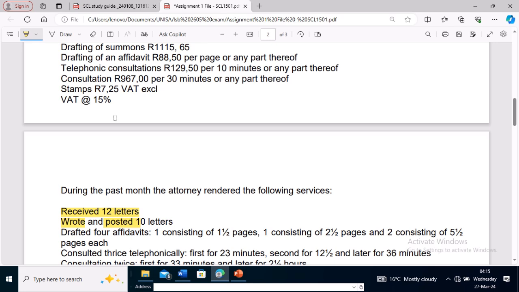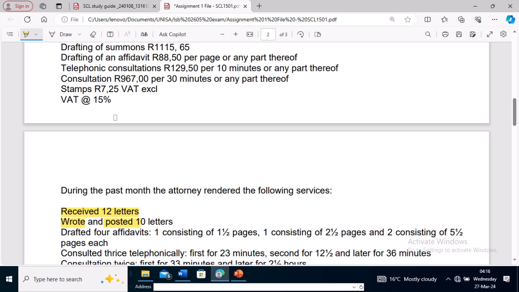For the first one, we say 88 rand 50 cent times 2. The other one states that it consists of 2.5, so that half is also recognized as a full, which makes it 3. So it's 88 rand 50 cent times 3.